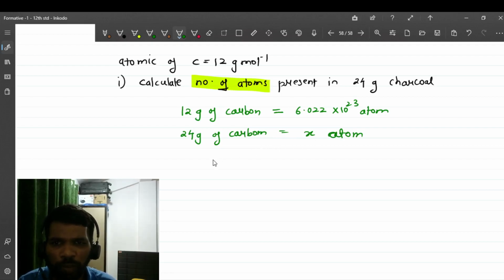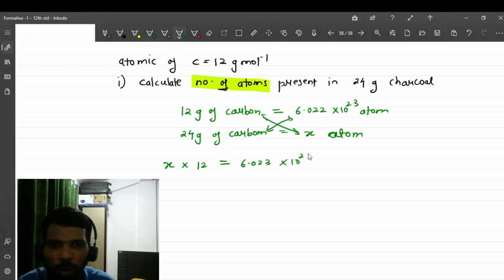So what is the cross multiplication over here? I'll multiply this and this, and put it equal to this multiplied by 24. So x into 12 is equal to 6.023 into 10 raised to power 23 into 24. So x is equal to 6.023 into 10 raised to power 23 multiplied by 24 divided by 12.